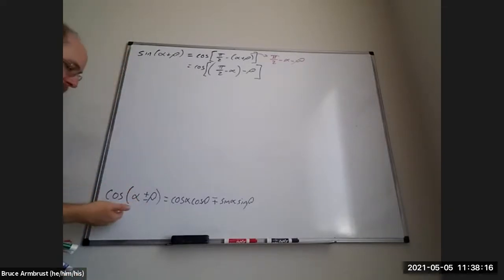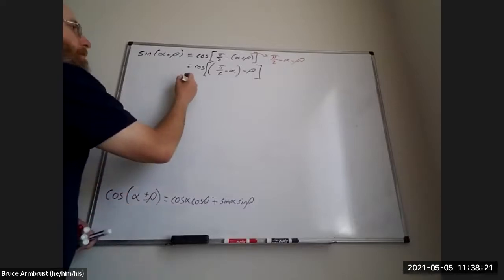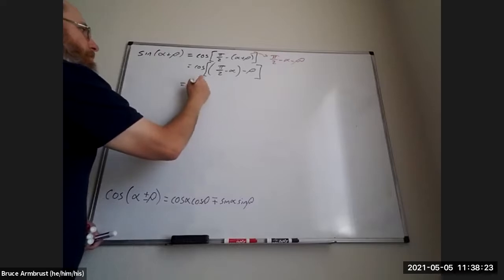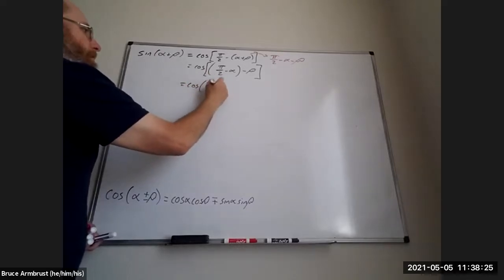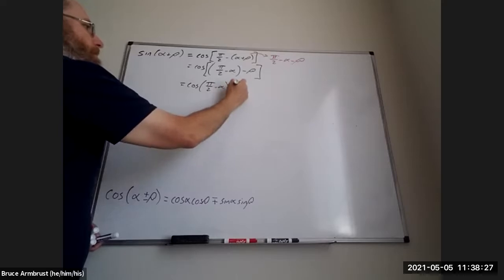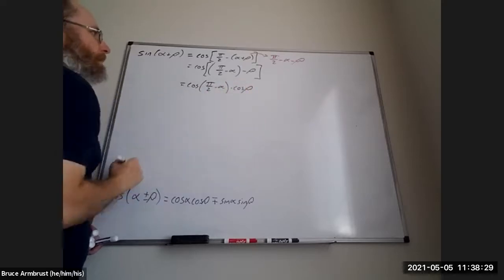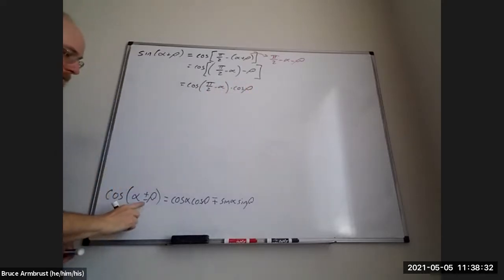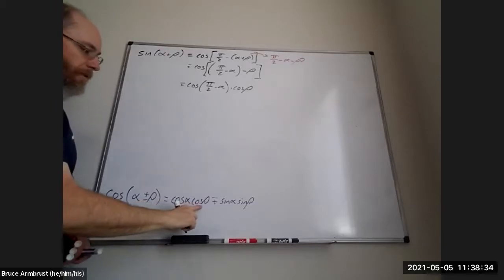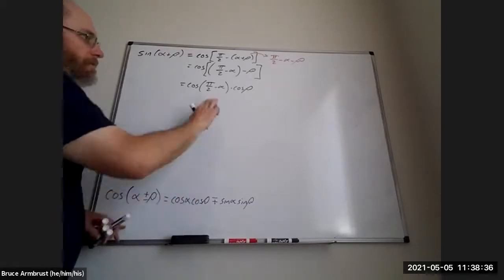But now we're going to use the difference of angles identity for cosine. That's going to give us cosine of pi over 2 minus alpha times cosine of beta. So it's the cosine of the two things.